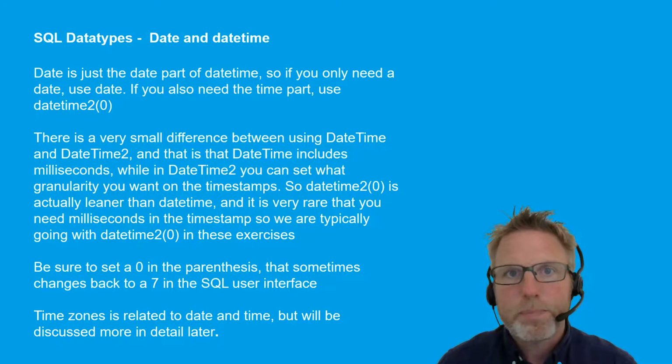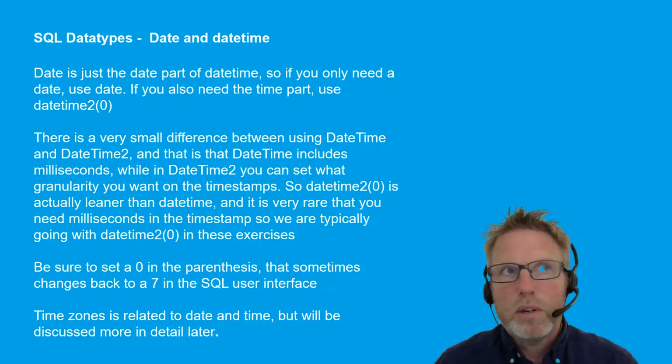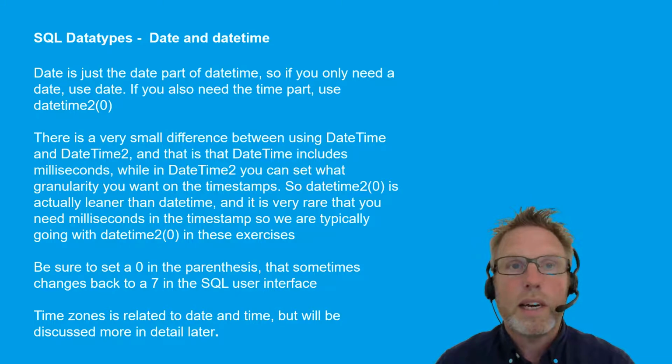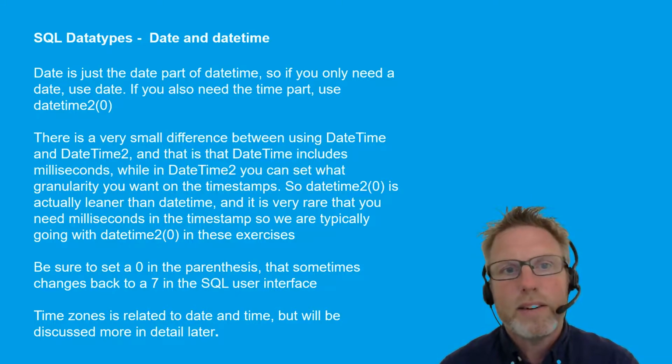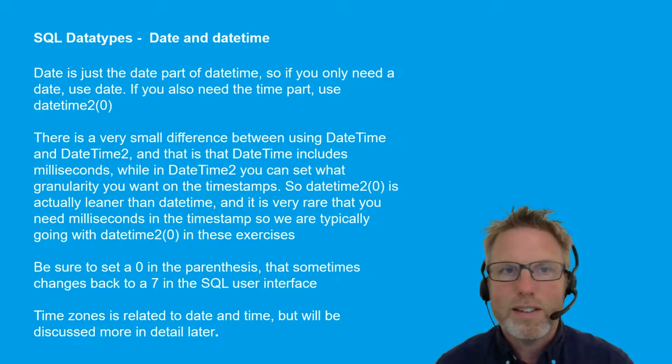And then there is a new or fairly new data type in Microsoft SQL Server that is called datetime2, where you can actually set the granularity on the smallest, least significant digit in your timestamp.